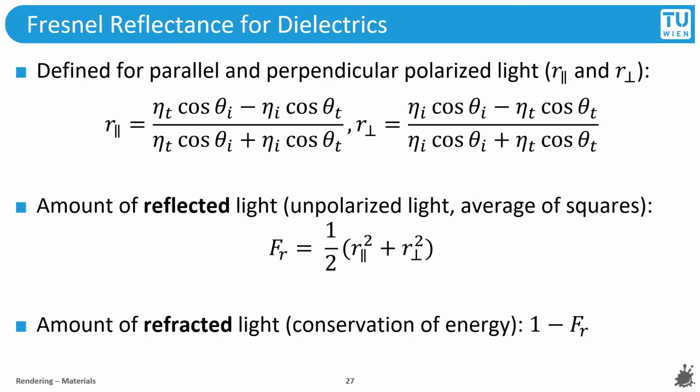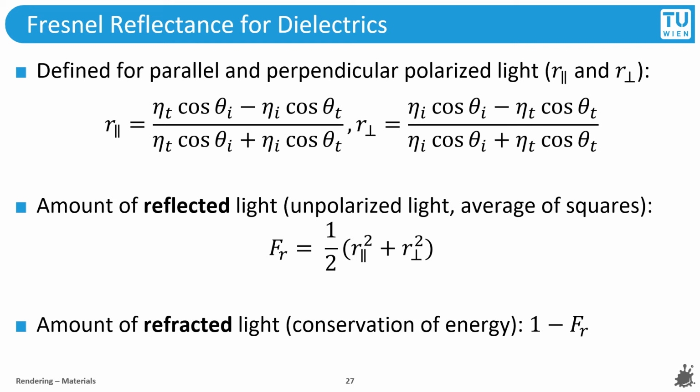Fresnel reflectance defines two formulas for the amount of reflected light depending on whether it is parallel polarized or perpendicular polarized. As we mentioned before, in a geometric optics setting, we will ignore the effects of polarization, so we assume that all light is unpolarized.